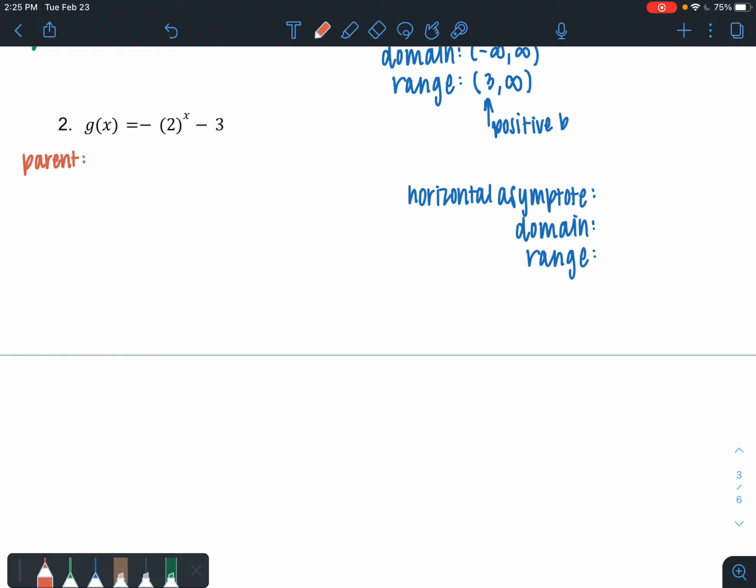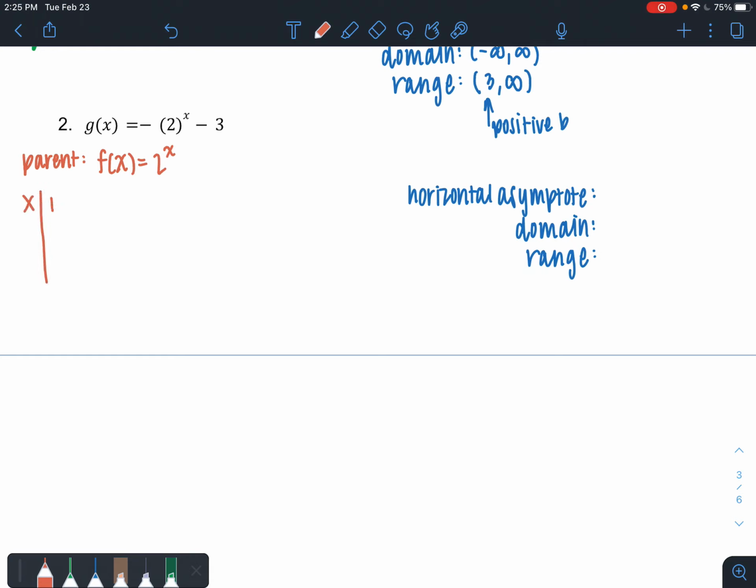Parent function is going to be 2, we'll just call it f of x again. f of x is equal to 2 to the x. Nothing around it. Then I'll go ahead and write out what this graph looks like.